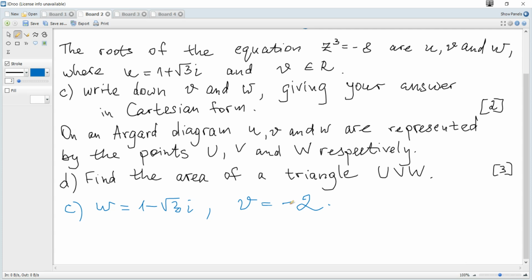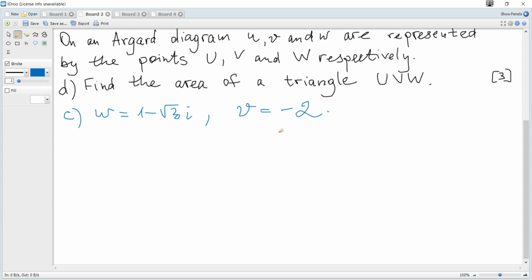The next: on an Argand diagram, u, v, and w are represented by the points U, V, and W respectively.